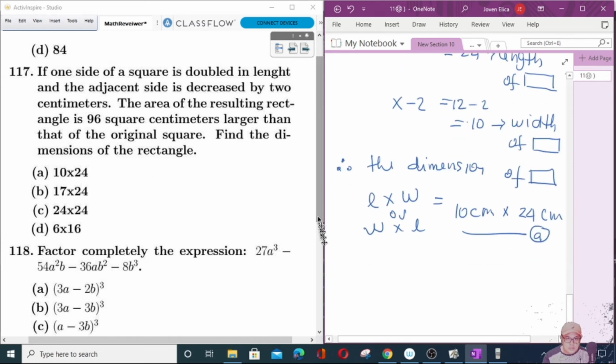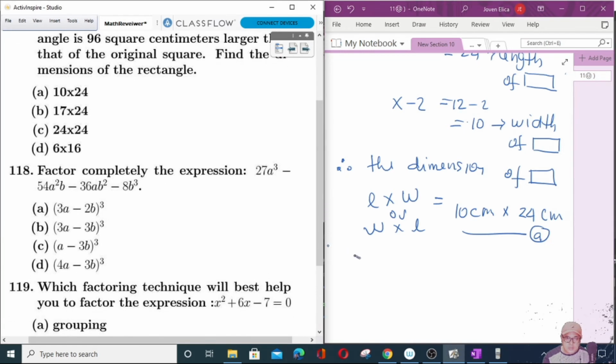All right. So number 118. Factor completely the expression 27a cubed minus.